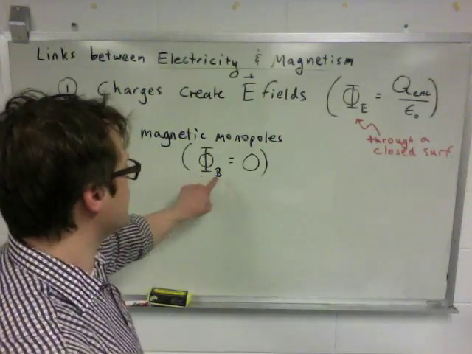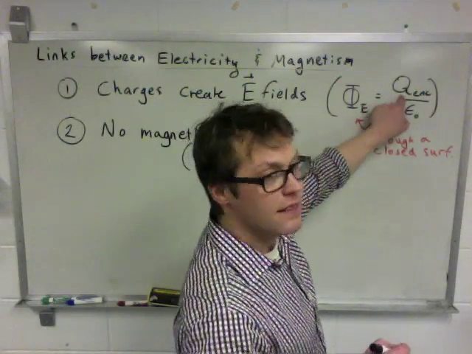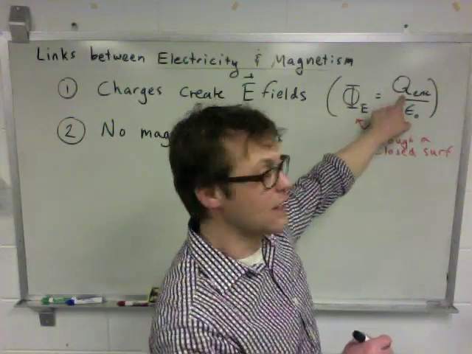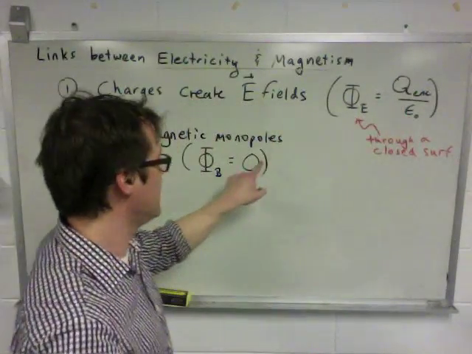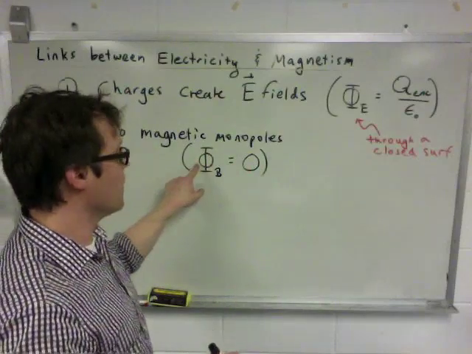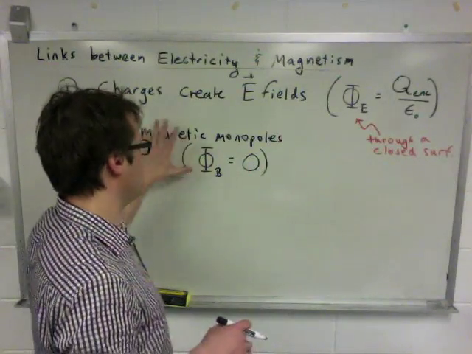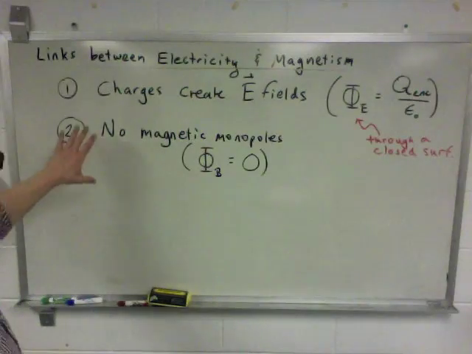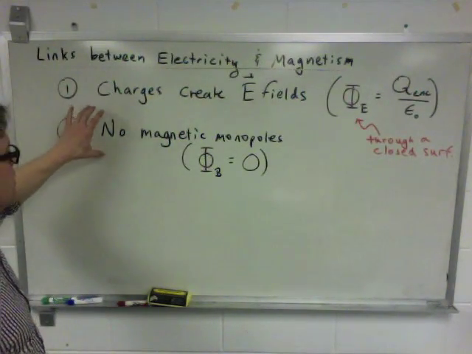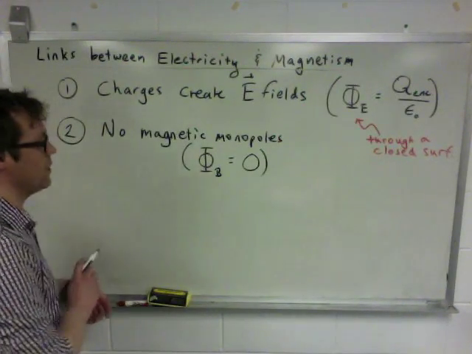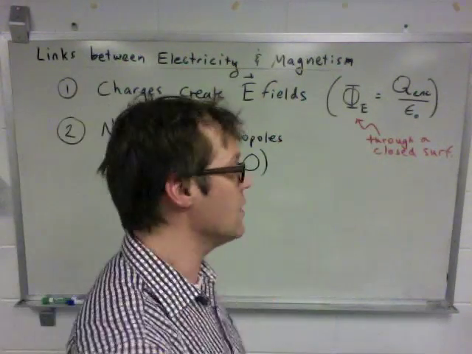Essentially what that tells us is that there's no such thing as a magnetic charge like there is an electric charge. Since there are no magnetic charges, there can be no magnetic flux through a closed surface. So we've seen both of these ideas before. Charges create electric fields, but there are no magnetic charges to create magnetic fields. To get magnetic fields, you need something else.